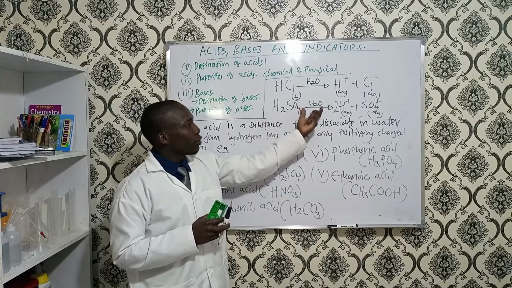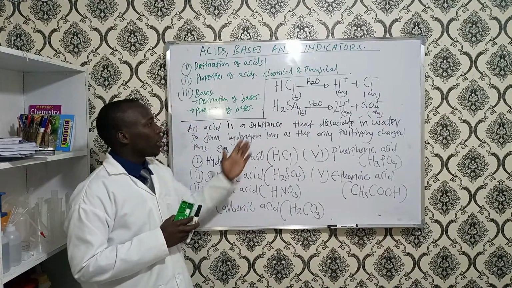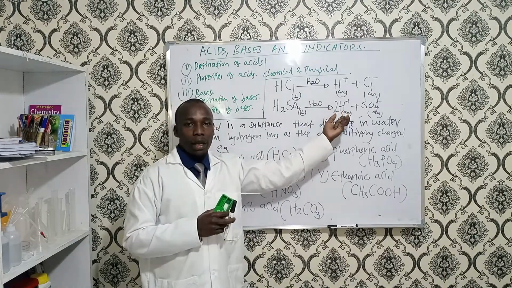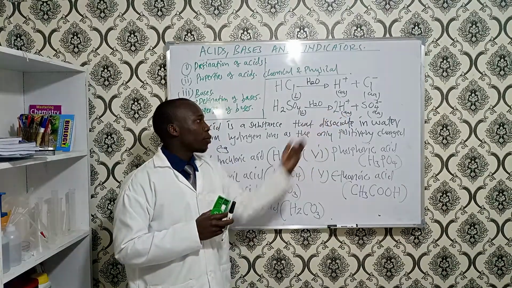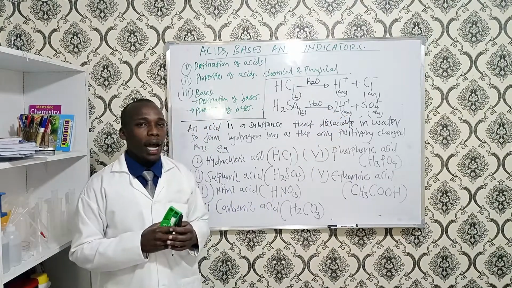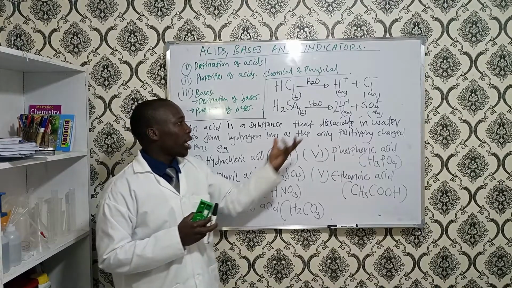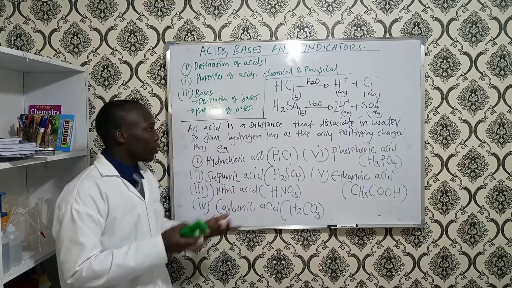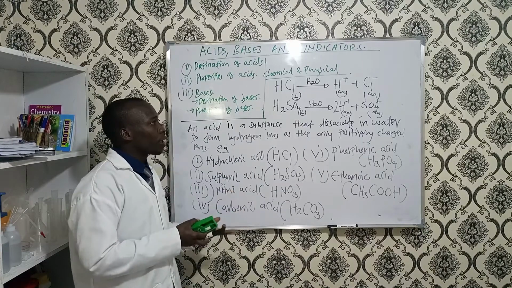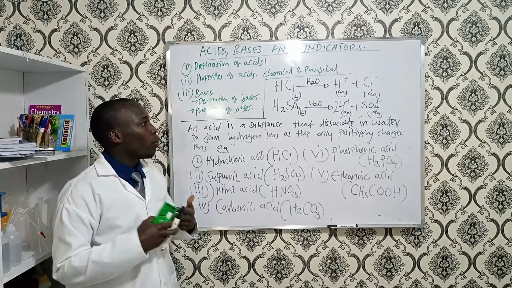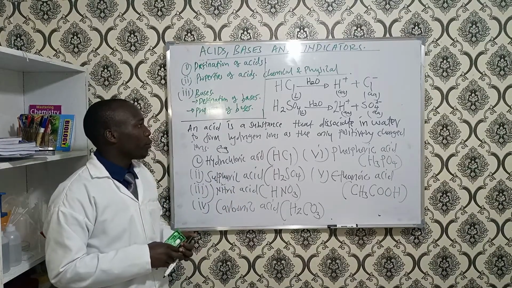But the moment you dissolve it in water, it dissociates to give us hydrogen ions, which are responsible for the acidic property of sulfuric acid. So hydrogen ions are the ones which are responsible for the acidic property of any substance when dissolved in water.